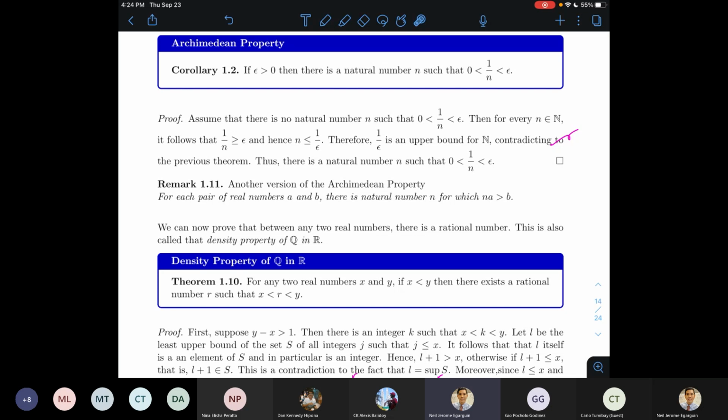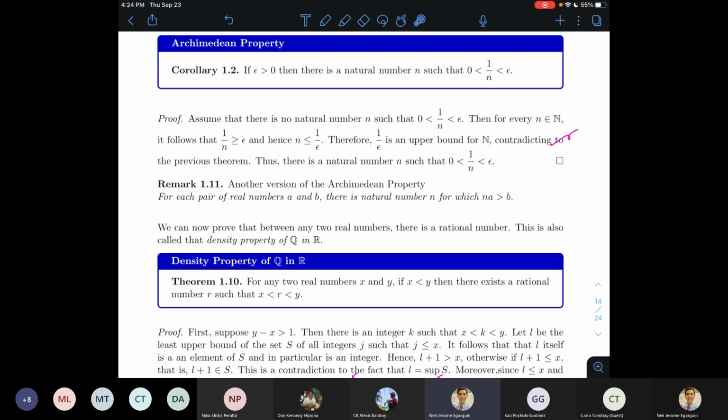So again, let's negate the conclusion. Sabi ng theorem, kahit anong epsilon, may mahanap akong natural number such that inequality holds. Okay? So, the negation would be, kunwari, walang natural number such that this is true. Okay?